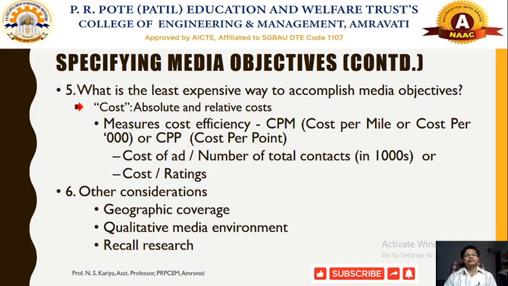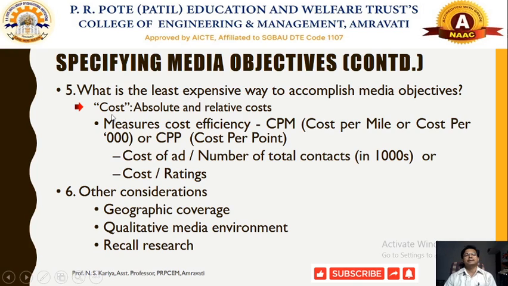Now once we know about media scheduling, what is the least expensive way to accomplish the media objective? We need to identify low cost alternatives, and they should be effective as well, a low cost and effective way to achieve the media objective.